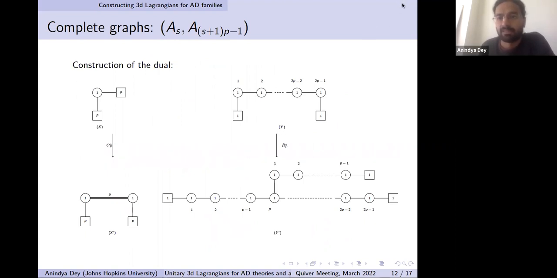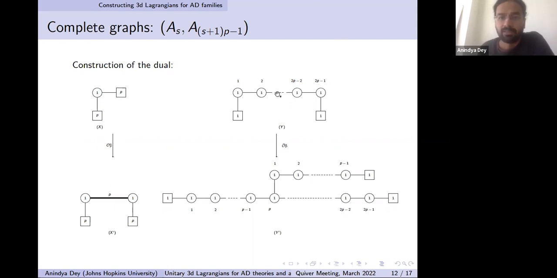So this is, as Julius was asking for, the first example in this category that works. So you start with U1 with 2P flavors, which is dual to this abelian gauge theory. So you do the identification, flavoring, gauging operation, and the effect of that is the attachment of this tail of U1s to the Pth node in the chain.